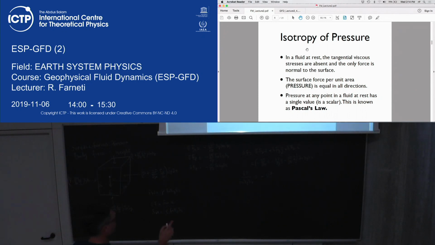So what we have is the sum of all the forces, delta F, minus the weight of the element of the fluid, which is directed downwards. It's going to be equal to mass times acceleration.